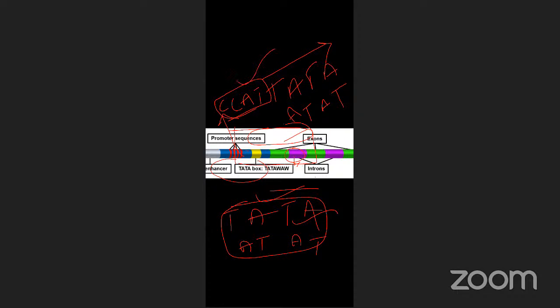I will explain clearly the function of the TATA box and the CAAT box in transcription. Here you can focus on the gene structure, what the components of a gene are. Is it clear now?